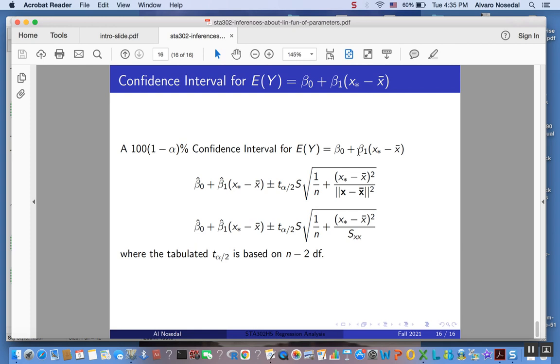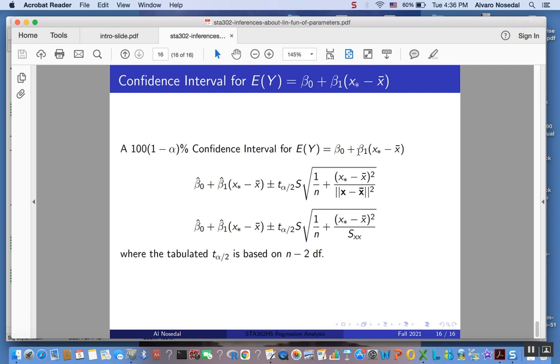So we considered the centered model because we anticipated that was going to help us derive these results more easily. That's because in the case of the centered model, the covariance between our estimators is 0, and that simplifies things a lot.